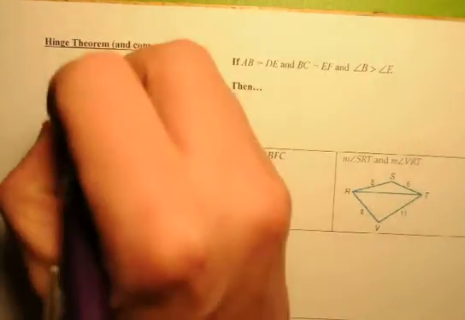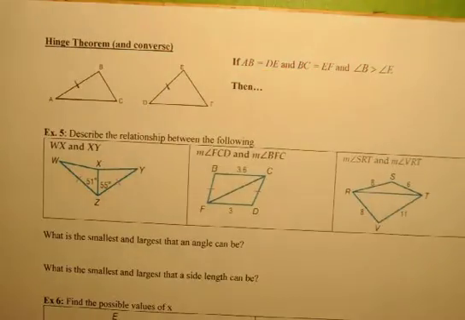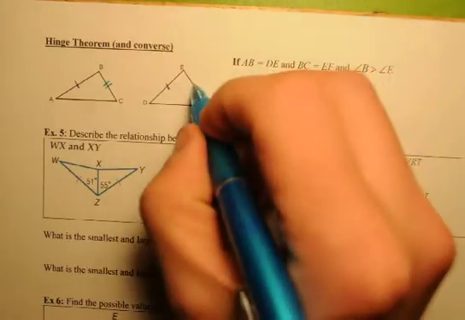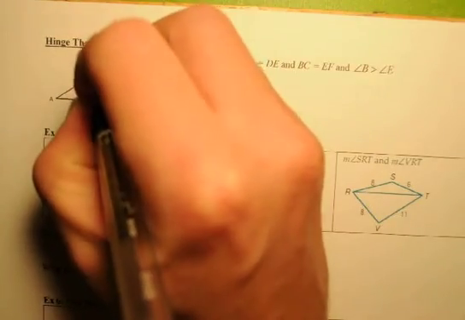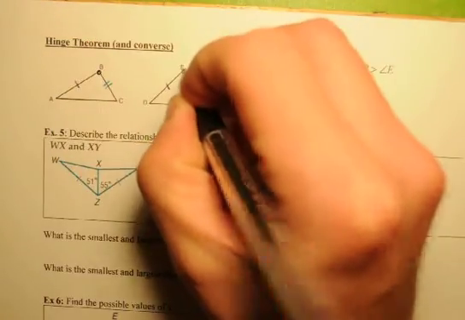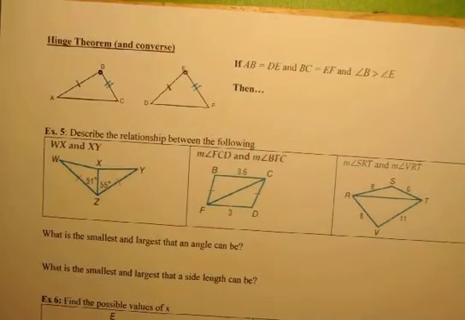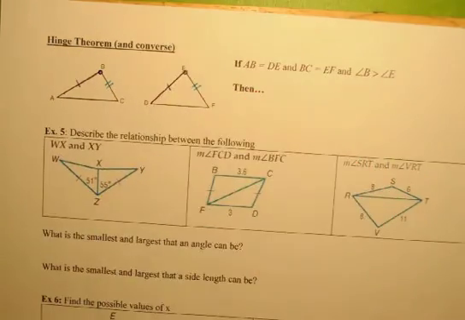If you've got that AB is the same as DE, and you've got that BC is the same as EF, then what we did here is we made what we call a hinge. Here's our hinge right there. You can think of it like a hinge of a door. Think of this as the door jamb, and think of this as the door itself.